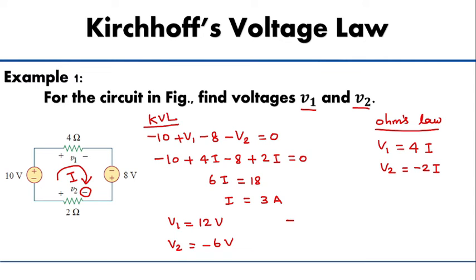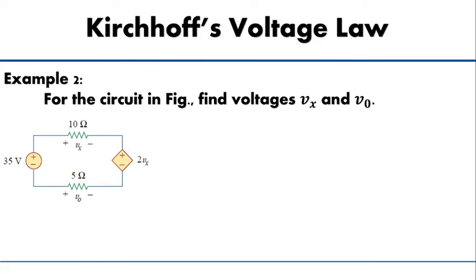It gives minus 10 plus V1, V1 is 12 here, minus 8, and minus V2, minus into minus again gives plus, equal to 0. So minus 18 and plus 18. Therefore, we found that V1 is equal to 12 volt and V2 is equal to minus 6 volt.